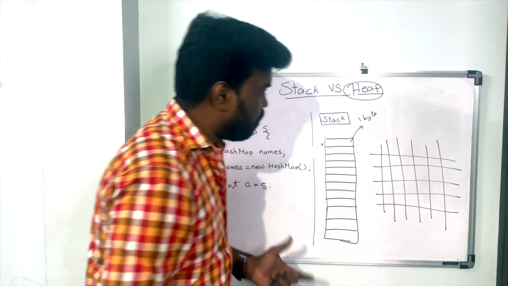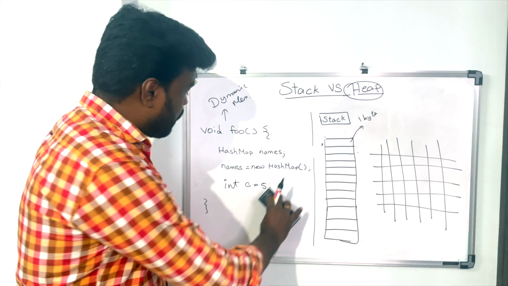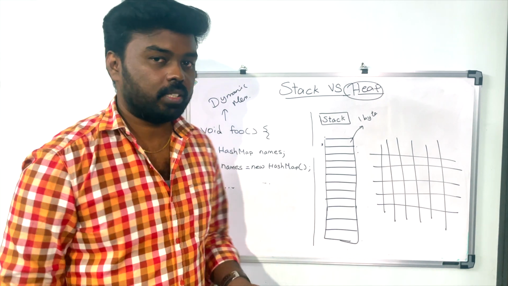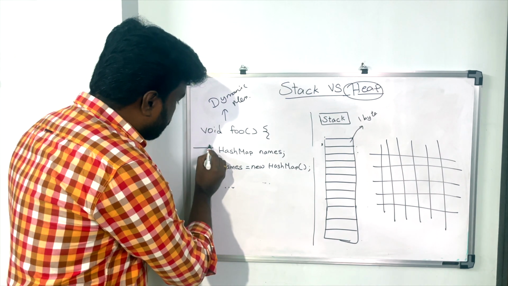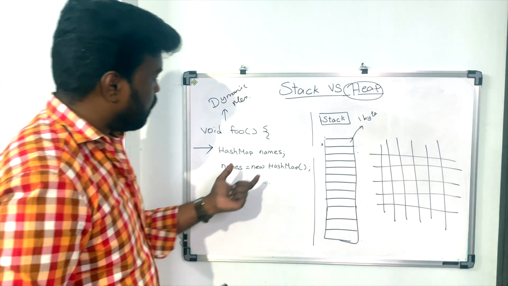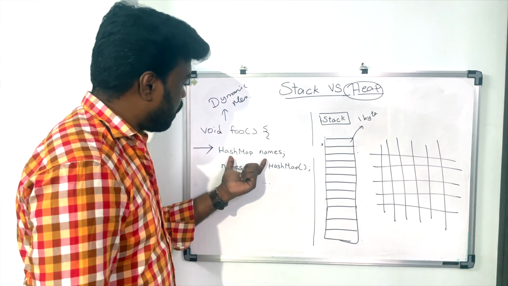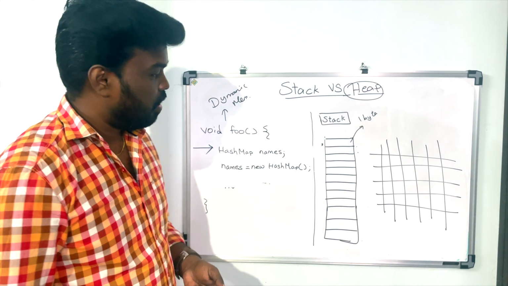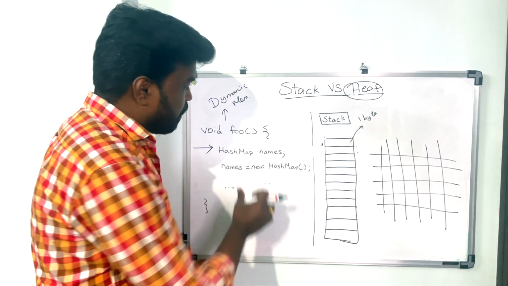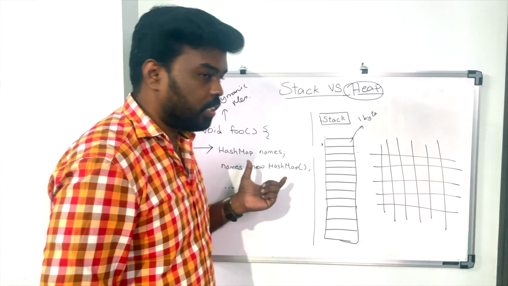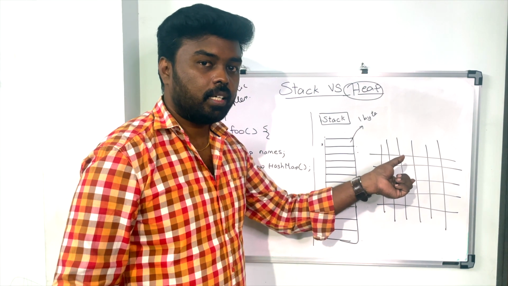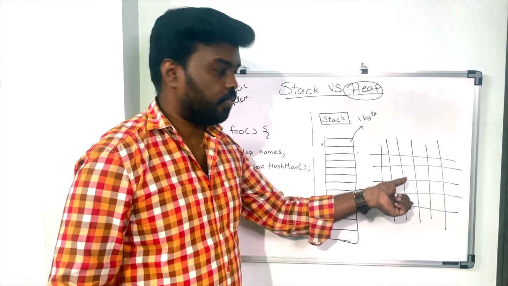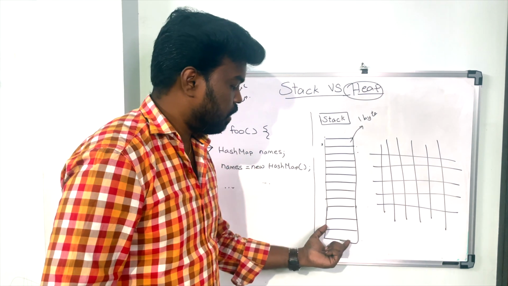So now let's see how this program execution happens and how these variables get allocated into the stack and heap. Now when you execute the program and the execution reaches this particular line, here we are declaring a variable called the hash map names, right? At this point of time, as I already told you, for reference type variables, it allocates a section of memory in the heap, and then it stores the reference of that heap address in the stack.